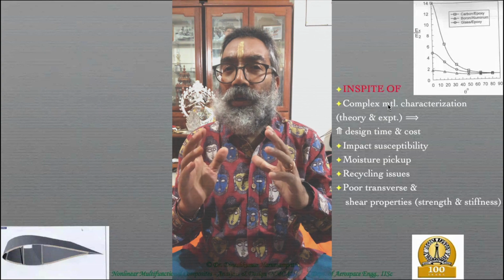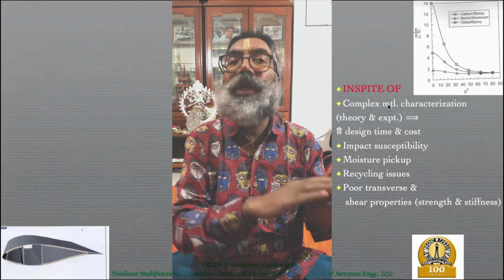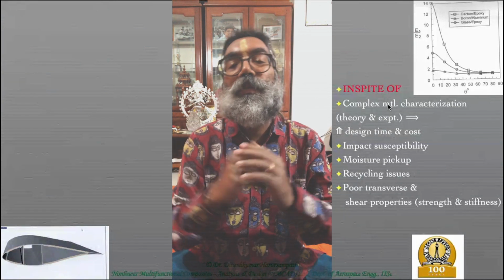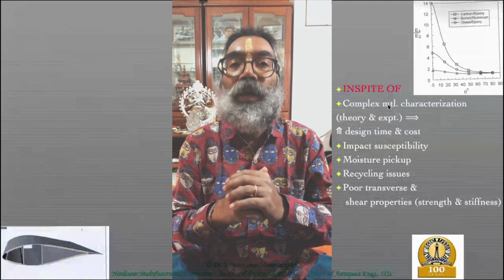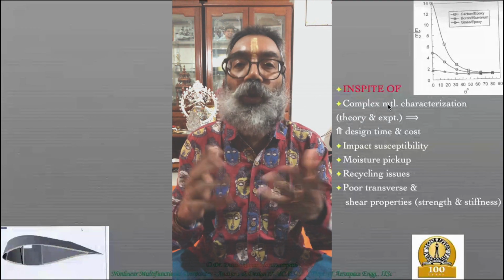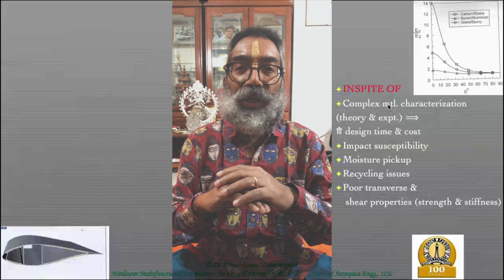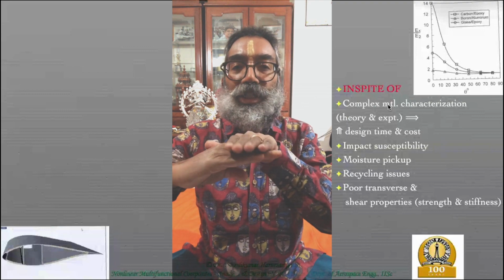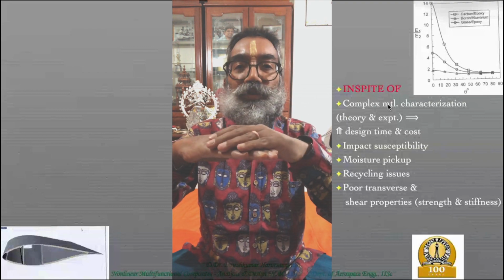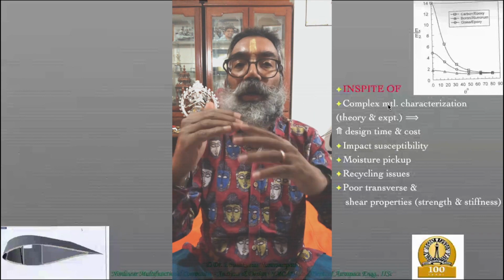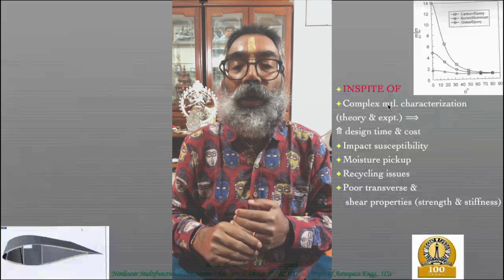So it is neither fully anisotropic nor fully isotropic, but somewhat behaves like an isotropic material, which is what the word quasi means: almost. So a quasi-isotropic laminate has not only 0 and 90, but also plus and minus 45 in an appropriate ordering, which we'll go to in a later class.